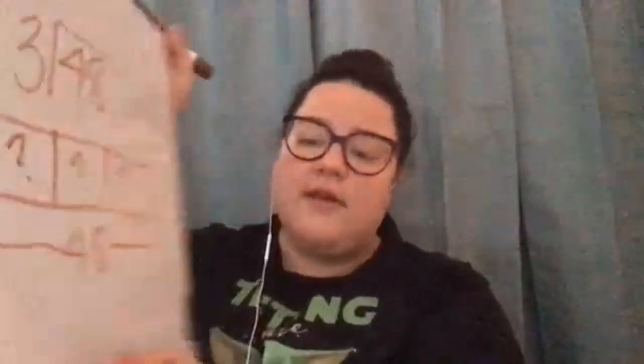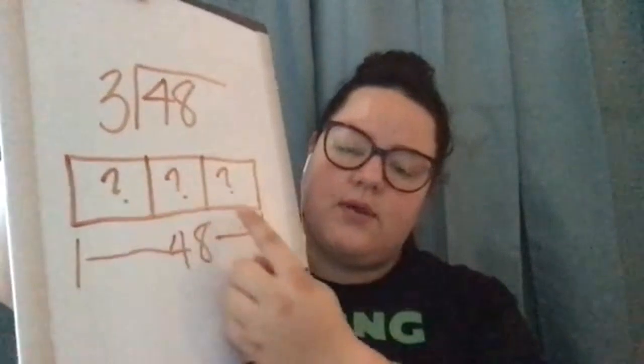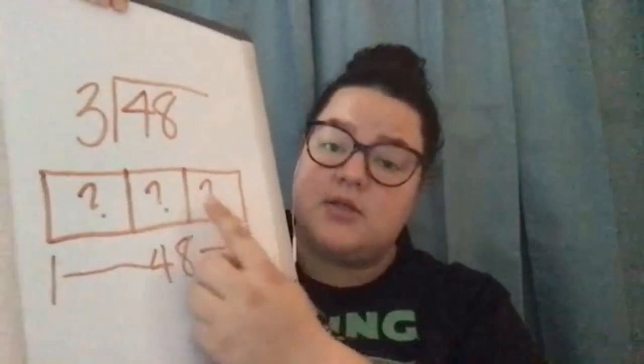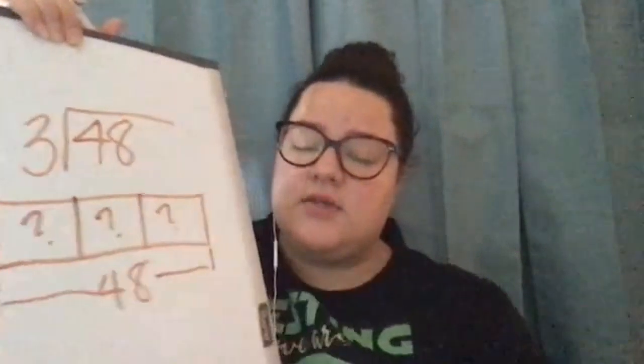So we're trying to figure out what goes into these 3 boxes. It's all going to be the same number because I equally divided it into 3 display cases. All right, so that checks off drawing our model for our word problem.